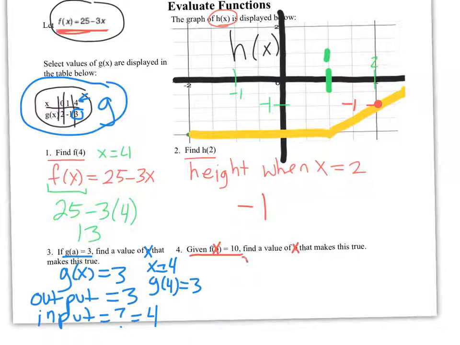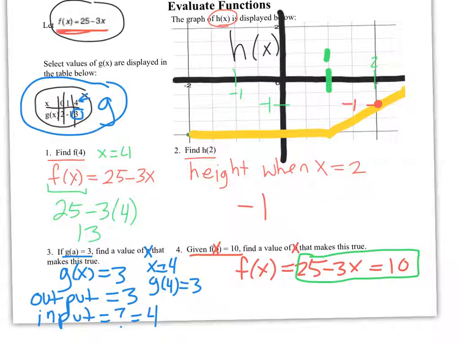So if f of x, I'm going to write the equation again, equals 25 minus 3x, and f of x is equal to 10, what I'm going to do is take a look at this equation, now that it's equal to 10, and solve that equation. So we're going to do minus 25 to both sides. You get negative 3x is equal to negative 15. You can divide both sides by negative 3 and get that x is equal to positive 5.